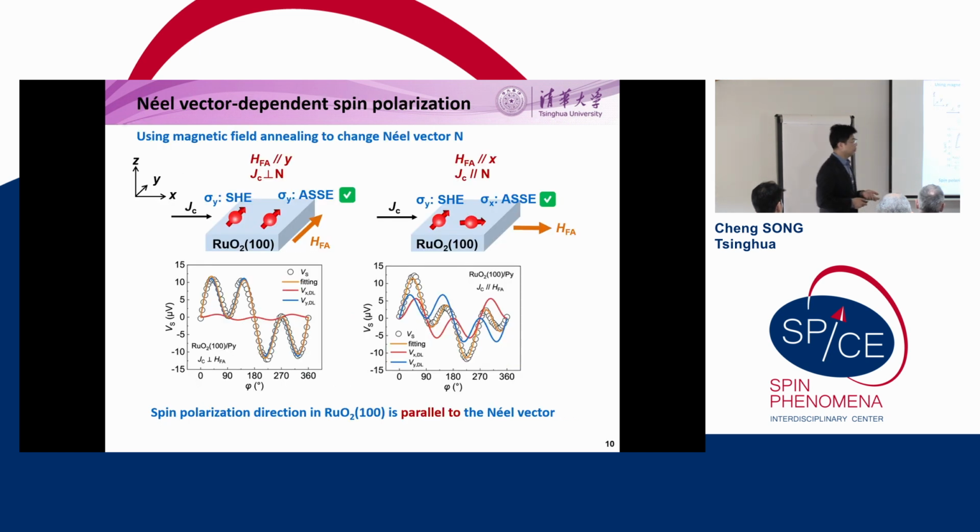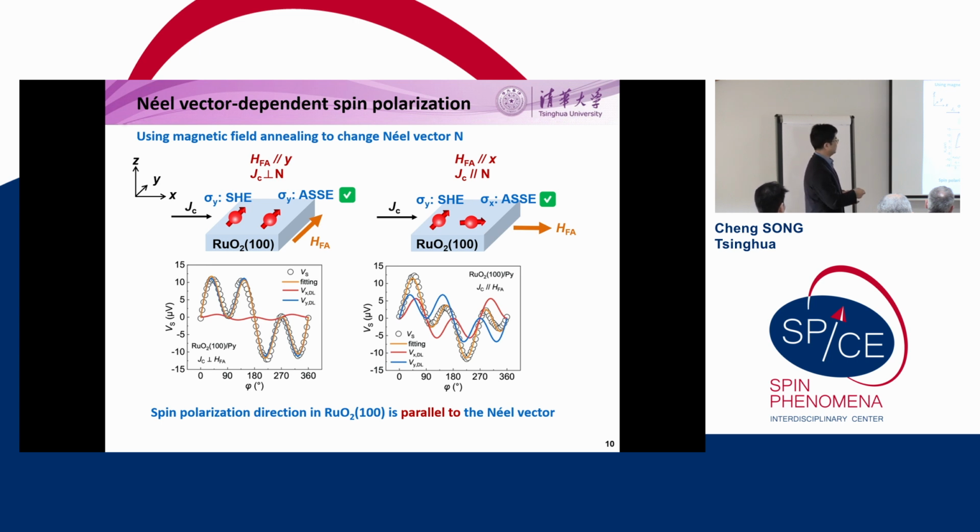Also, we try to demonstrate that this spin polarization is related to the Néel vector. Our method is to use field annealing of the sample. For example, when we anneal the sample along the y direction, from both the spin Hall effect and the spin splitting effect, the spin polarization is along y. So in the spin torque FMR signal, we can see only y damping torque.